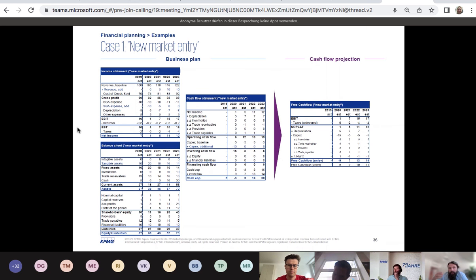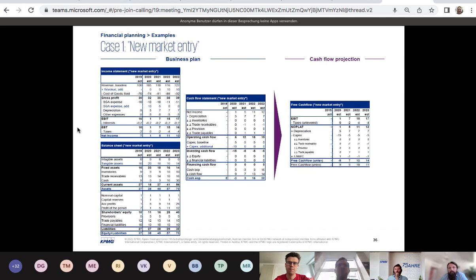And again, the other cases are quite similar to that. The idea was to show you not only how you can incorporate or reflect the business plan assumptions you come up with, but also how you can think about other scenarios of your business plan, right?